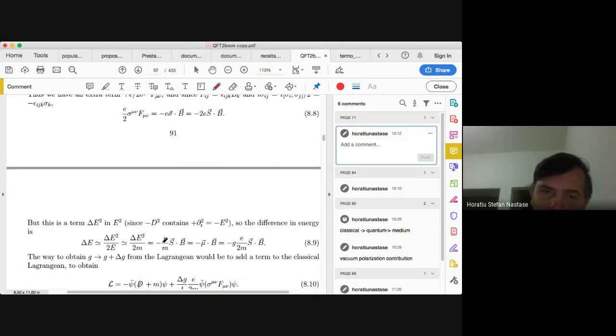So then we get minus e over m S dot B. That is minus the magnetic moment times the magnetic field, which again is minus this classical or non-relativistic quantum mechanical g times e over 2m S dot B.